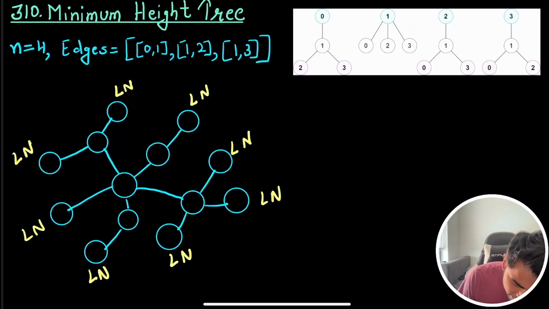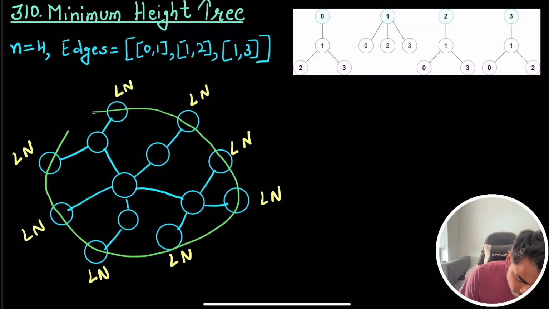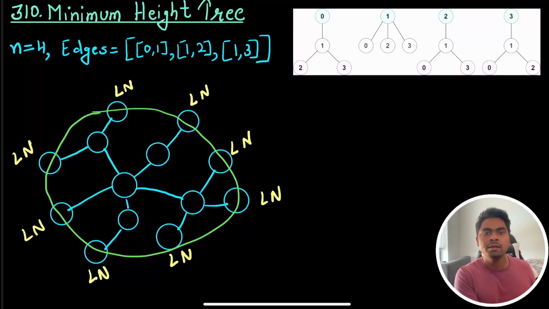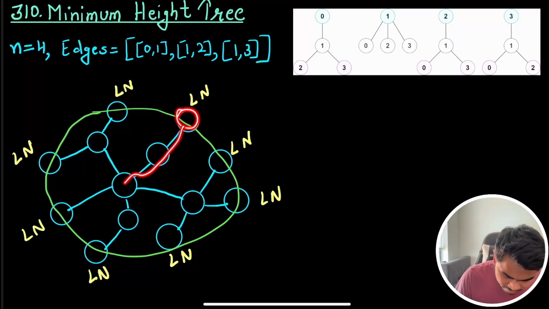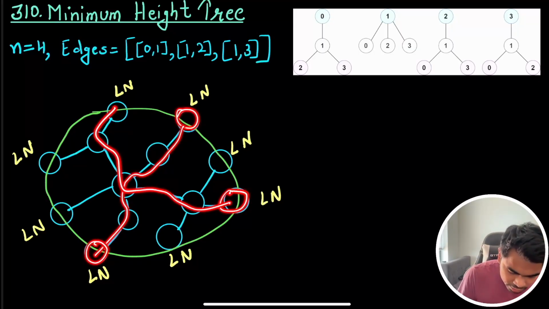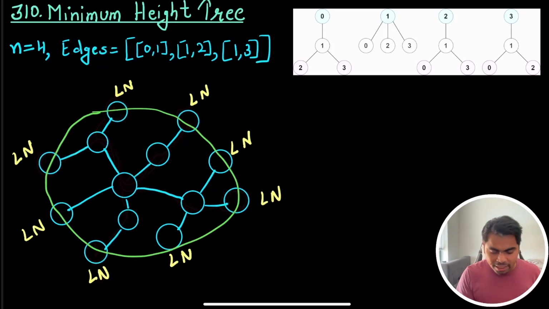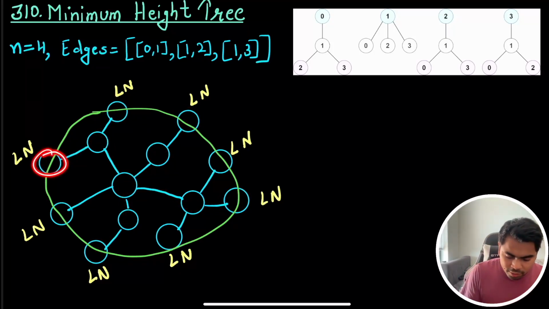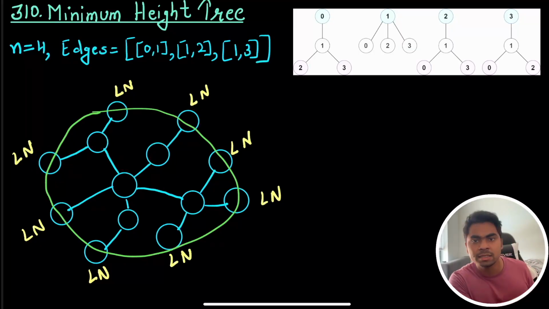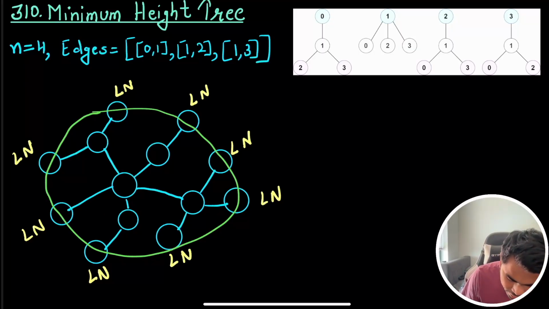These will never give me my answer, and the reason is these are the farthest nodes from the other leaf nodes. This one is farthest from this one, and this one is farthest from this. So that is why choosing any of the leaf nodes will give me a really big height. That's not what I want. So my answer would lie somewhere in the middle.